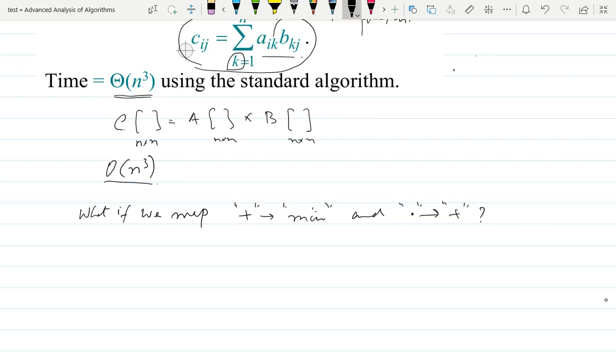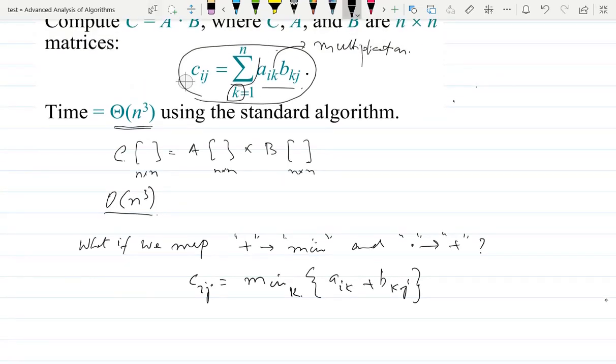In this case Cij will become the min over all the possible k's of Aik plus Bkj. Remember that this multiplication will be mapped to plus, and this addition will be mapped to min. So this is the new transformation.